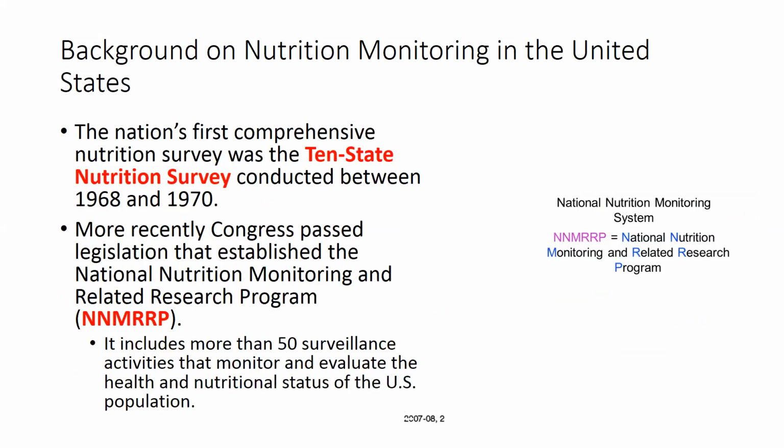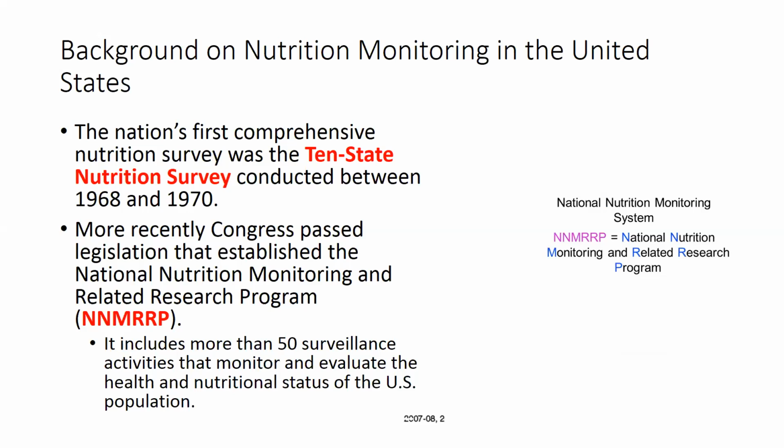The first comprehensive nutrition survey was something called the 10-State Nutrition Survey that started in the late 60s. We no longer do the 10-State Nutrition Survey. It morphed into something else. So the big umbrella organization that oversees all of this data collection is, get ready for it, a very long acronym, the National Nutrition Monitoring and Related Research Program.